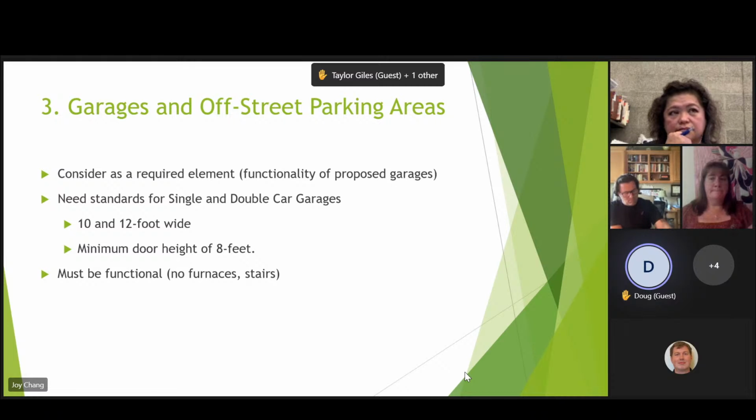So if a developer, our code says you have to provide one off-street parking spot. But the developer can't use the garage to count that. So they have to provide enough driveway space to account for that off-street parking.